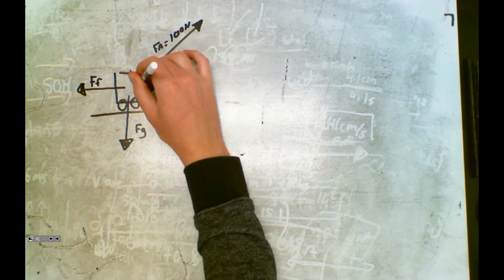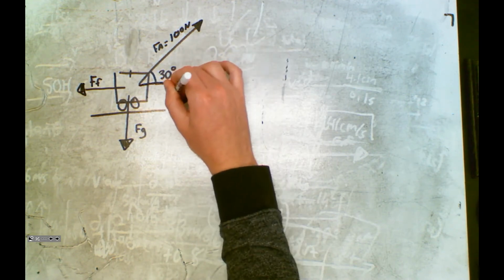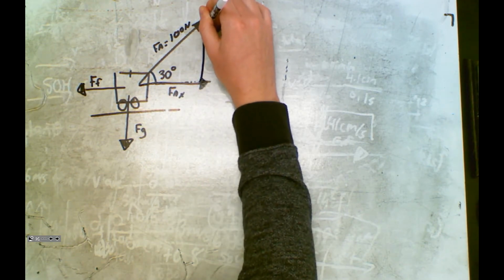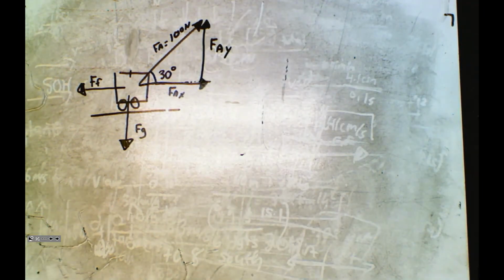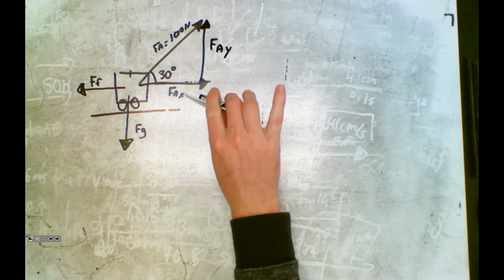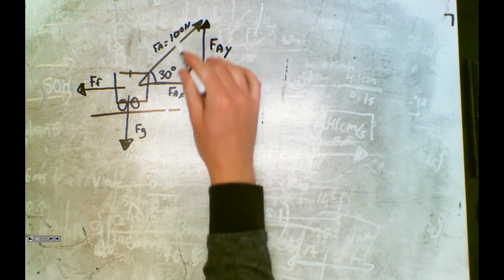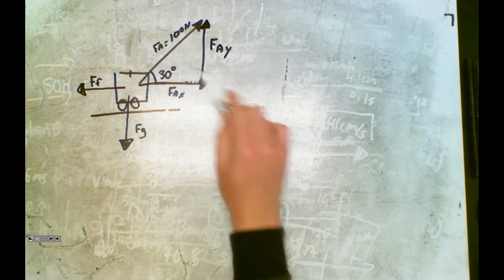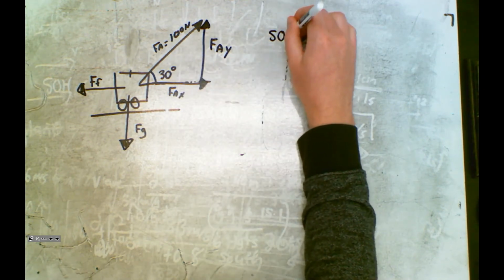So we have this, which we can call force applied in the x, and we have this, which we can call force applied in the y, right? Anytime you have something going at an angle, you have an x and a y, or two different components that make it up. So we can break this up into these, and the way that we can break it up into the x and the y is we can just use SOHCAHTOA.